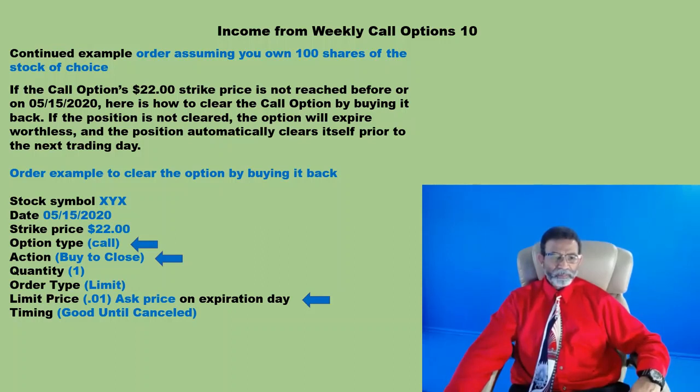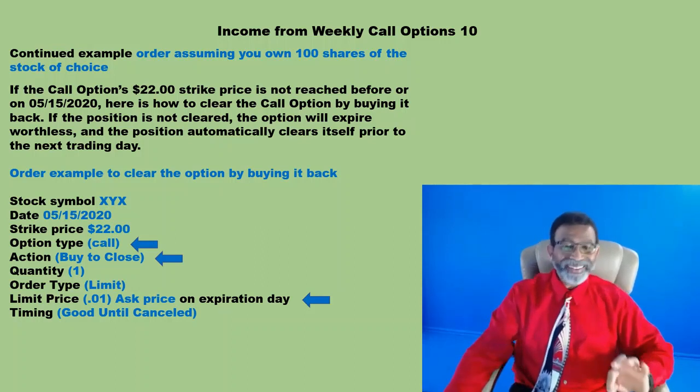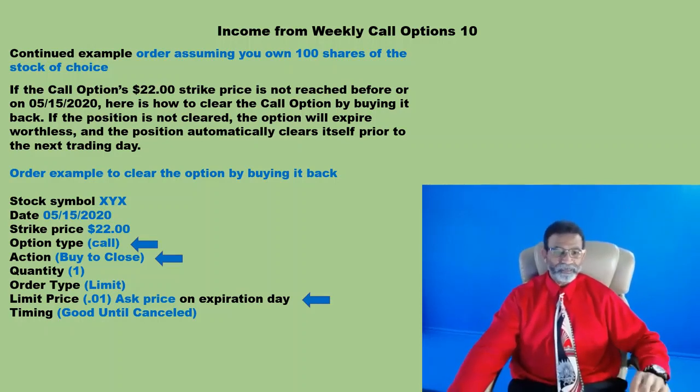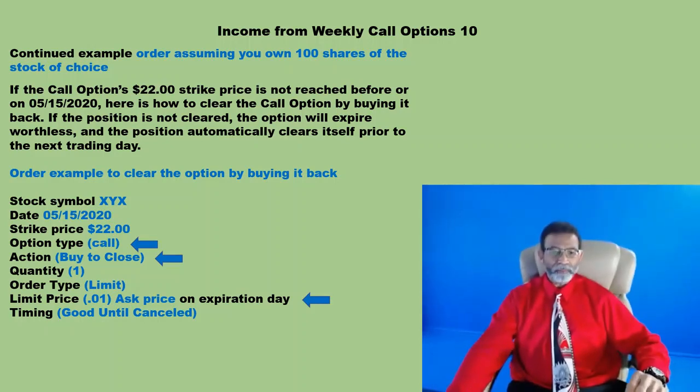And the limit price: if the ask price, which is the price you would buy the option back at, happens to be 1 cent, then you can buy the option back for whatever that ask price is on the expiration date. It could be higher, but if it's 1 cent, you could buy it back for 1 cent, which is equivalent to $1.